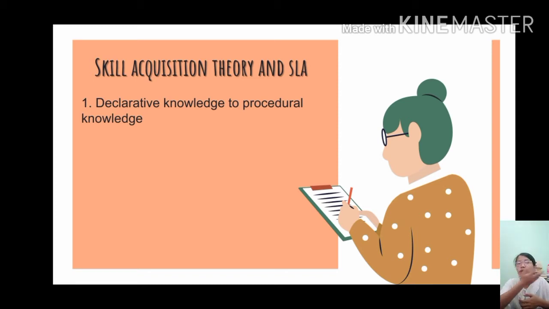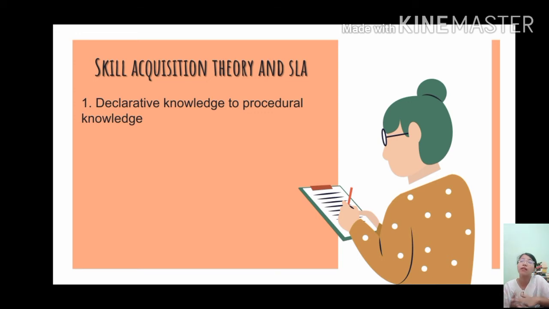So, since we have talked about declarative knowledge and procedural knowledge, now the question is, how can we establish declarative knowledge?